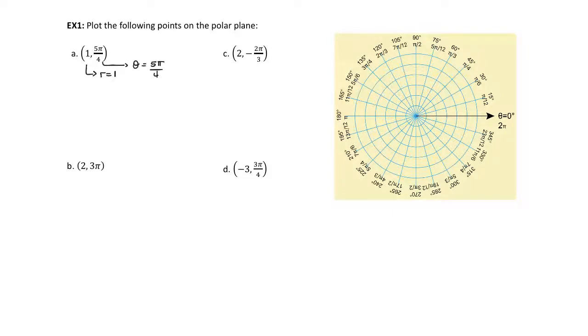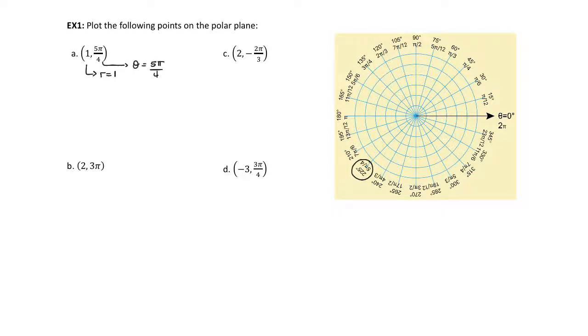The first thing that I'll do is to locate the ray that corresponds to 5 pi over 4. And if you notice, it is right here on the grid. No, I'm actually lying. Right here, 5 pi over 4. Now, what I want to do is to find the circle with radius 1. So that circle is going to be the most inner circle right here.